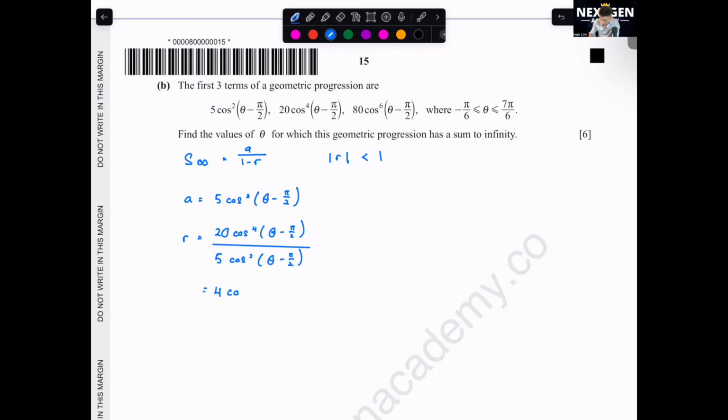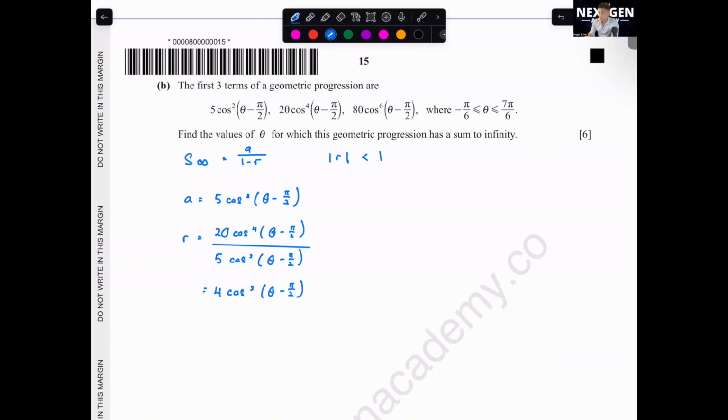We get 4 cos square theta minus pi over 2. Don't go and cut off the theta minus pi over 2. Imagine it's like cos 4x divided by cos square x. Okay, we've got our A and R.